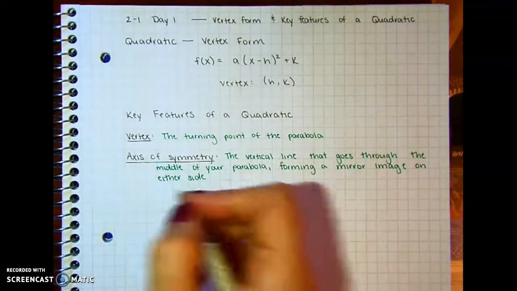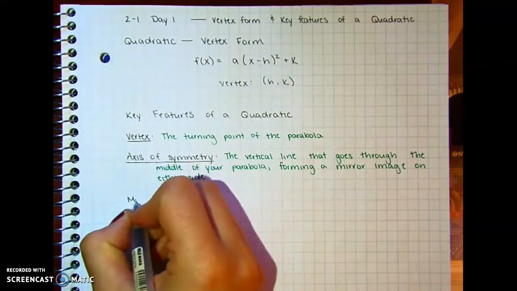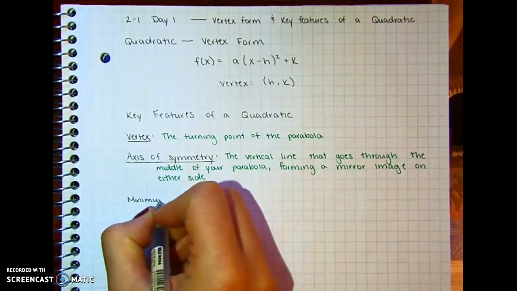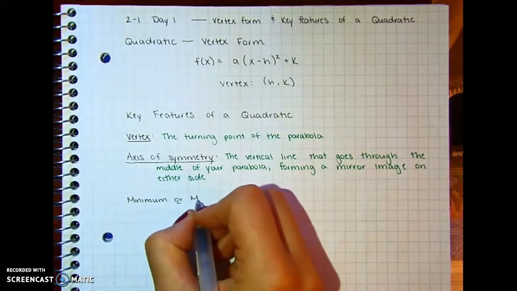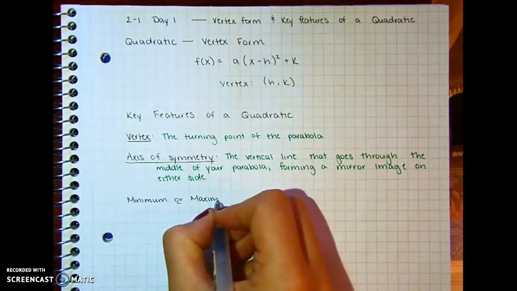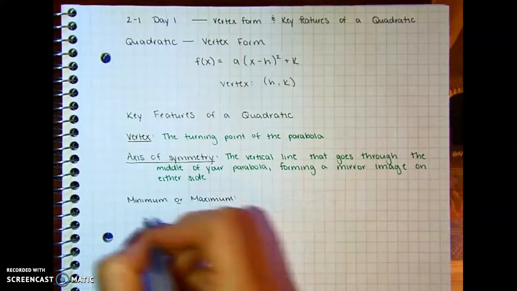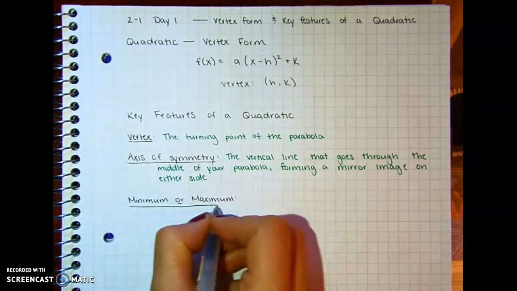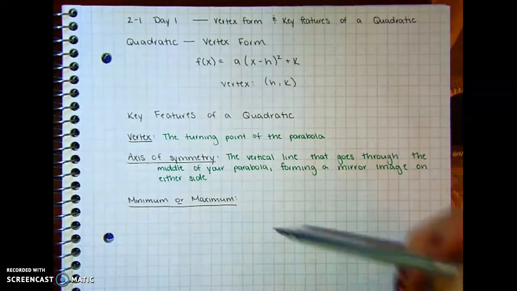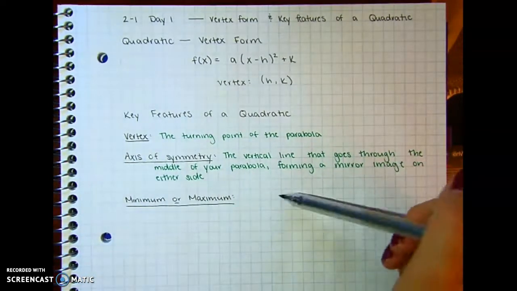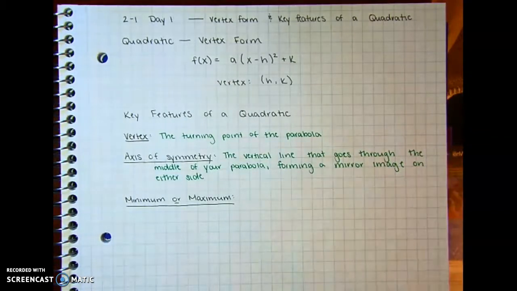The minimum or maximum, and it's "or" because you can only have one, not both, which makes sense, right? Because we're either going to be facing upwards or facing downwards.